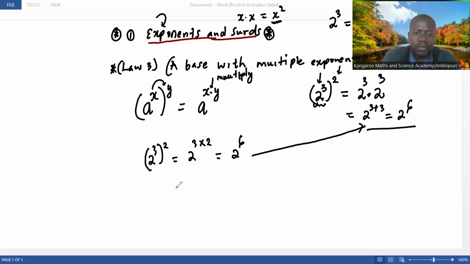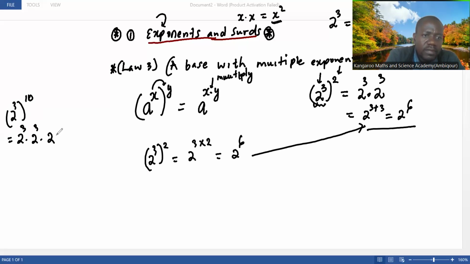Because with this method, imagine when we have 2 to the power of 3 to the power of 10. It means you have to write 2 to the power of 3 how many times? 10 times, which will be tedious work. So to avoid that, you just multiply the exponents. This is the key, ladies and gentlemen.